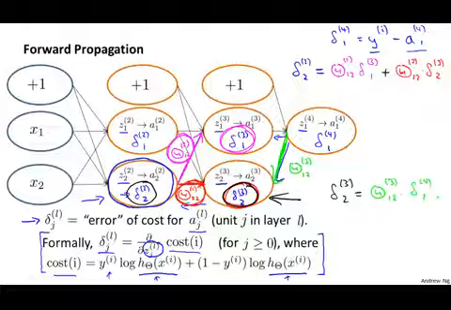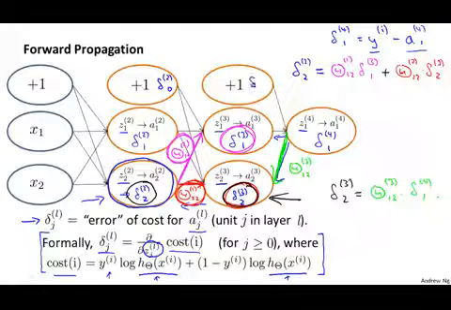And by the way, so far I've been writing the delta values only for the hidden units but excluding the bias units. Depending on how you define the backpropagation algorithm, or depending on how you implement it, you may end up implementing something to compute delta values for these bias units as well.